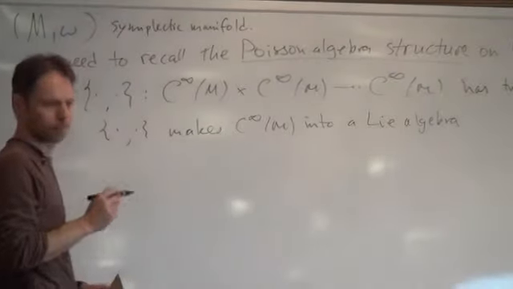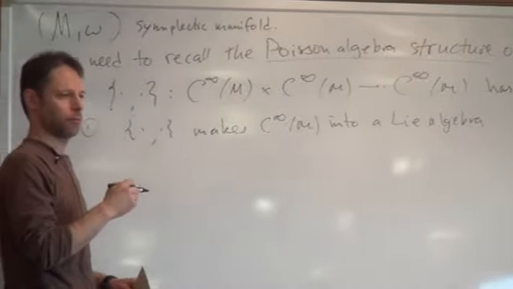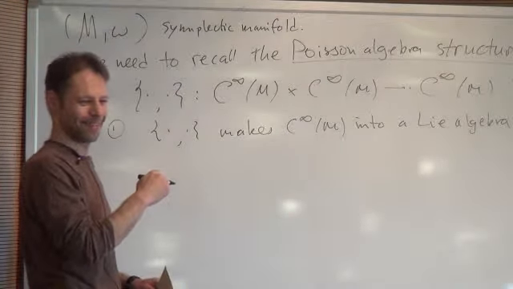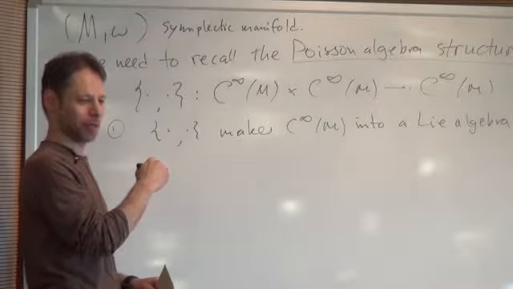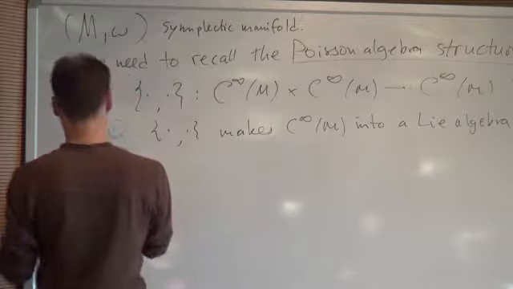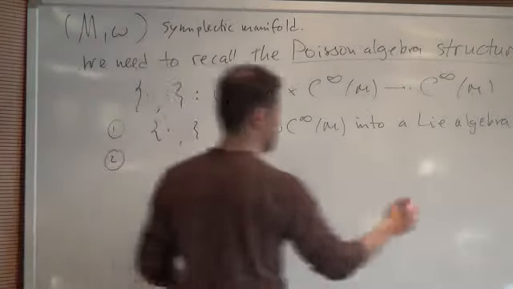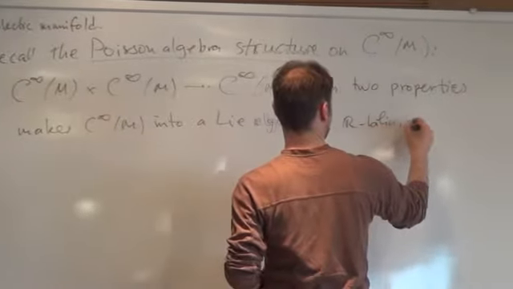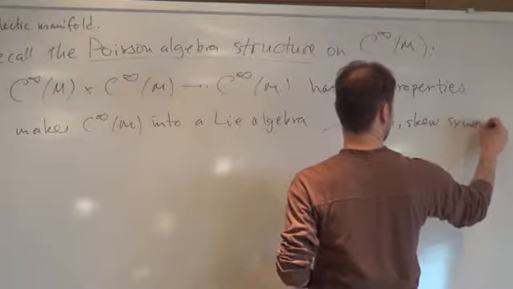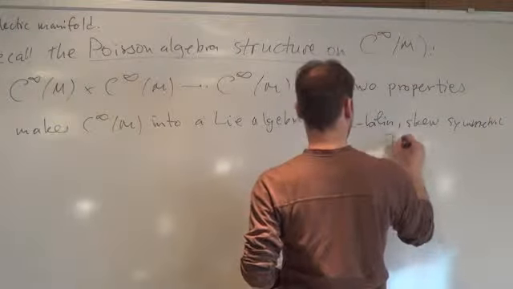And should I spell that out, or should I save time by leaving you confused? Remind you what a Lie algebra is? No? Okay. It's a Lie algebra: it's R bilinear, skew symmetric, and there is a Jacobi identity.